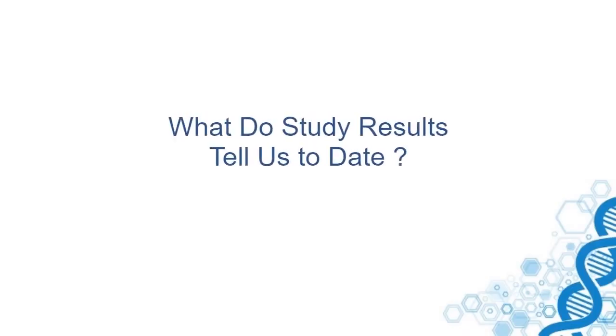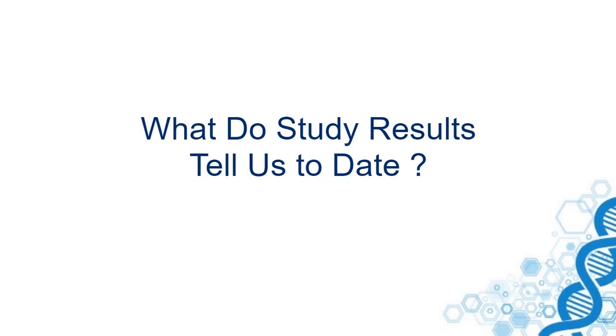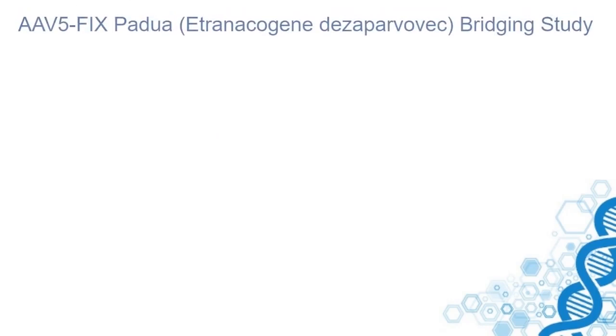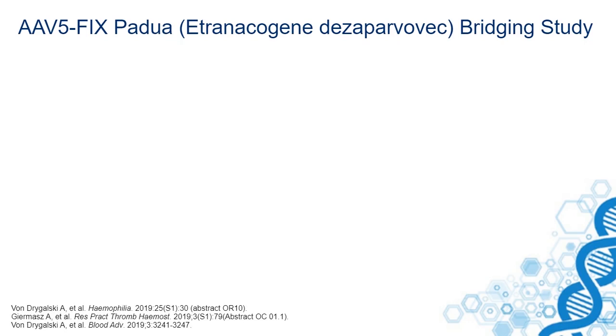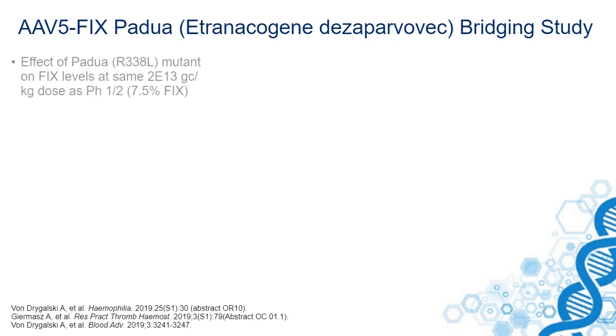So what do study results tell us to date? So some of the published or presented results from a few of the trials will illustrate kind of where things stand. So this is the AAV Factor 9 Padua AMT-061 trial.